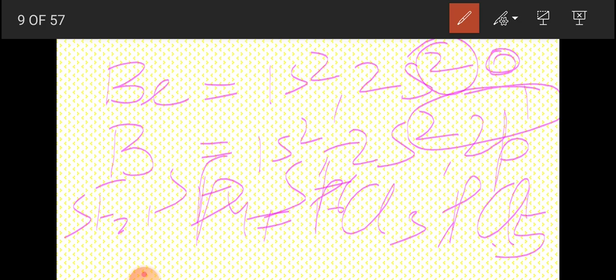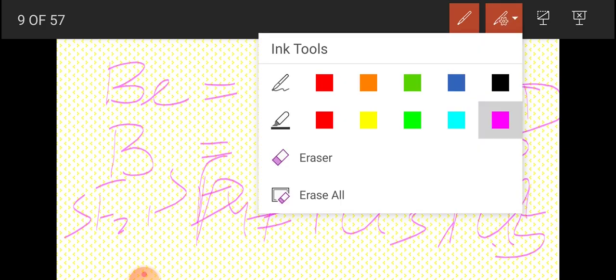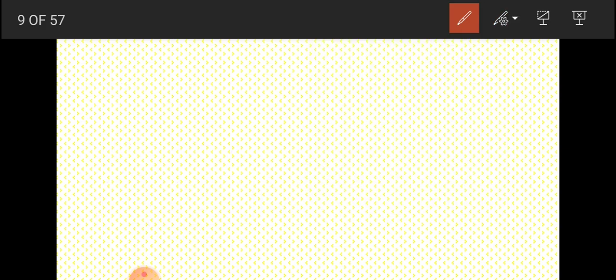Remember, covalency of an atom is equal to the number of half-filled orbitals present in its electronic configuration in the ground or excited state. Let's first discuss the covalency of phosphorus. Phosphorus, atomic number 15.